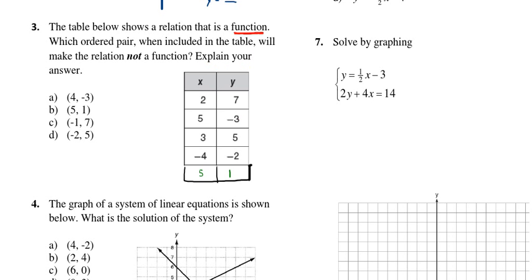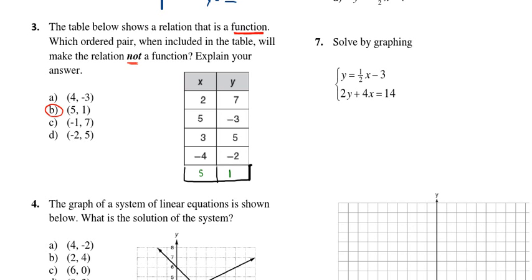That would be the explanation that you are being required here. It says explain your answer. So in this case, that would be (5, 1). That's the point that makes this not a function. Why?